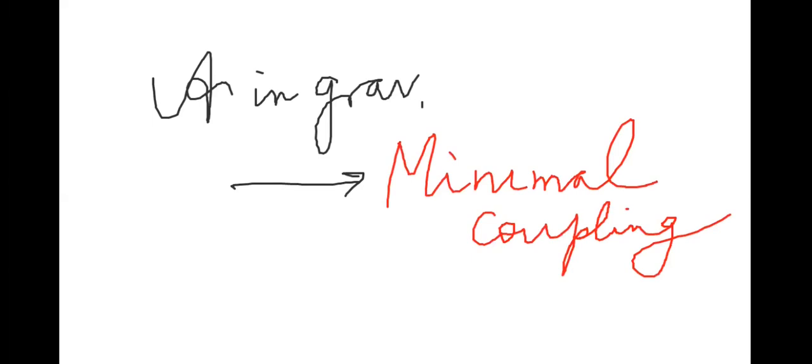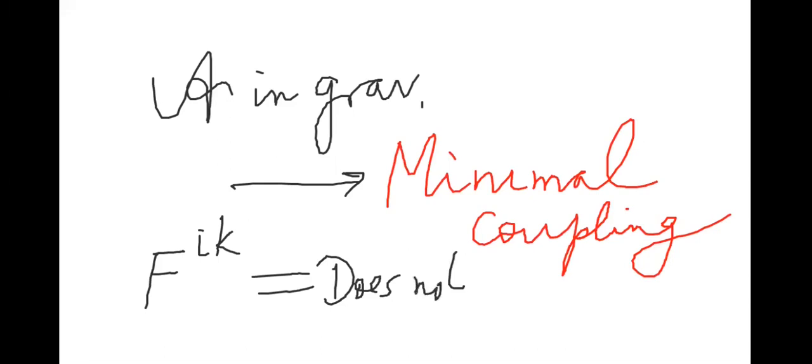So if you put your action in a gravitational field, you get to a very beautiful idea, what is called minimal coupling, right? Although one can see that F_ik remains the same. So you have F_ik, it remains the same in the presence of gravity. So it does not change in the presence of gravity.